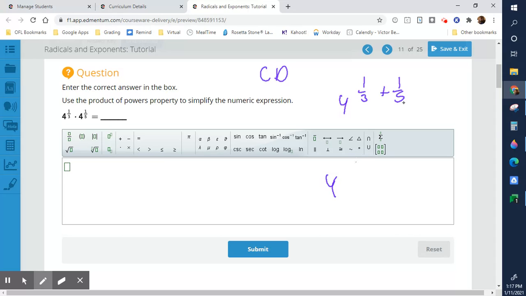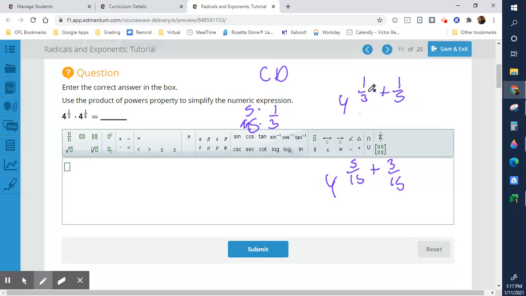What I did was I knew 3 goes into 15, and 5 also goes into 15. So I multiplied 1/3 by 5 on top and bottom, and for 1/5, I multiplied it by 3 top and bottom. That's usually the easiest common denominator I can think of: I'm going to multiply this by that, and that to this. Doing that, I end up getting 8 over 15.